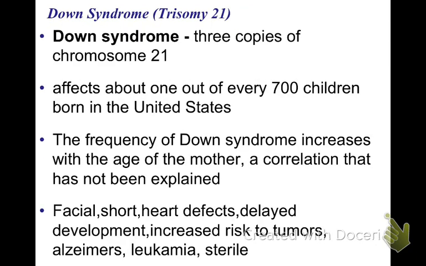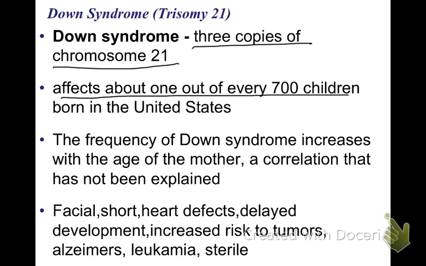So with Down syndrome, you will have 3 copies of chromosome 21. It affects 1 out of every 700 children born in the United States. The frequency of Down syndrome increases with the age of the mother, a correlation that has not been explained.